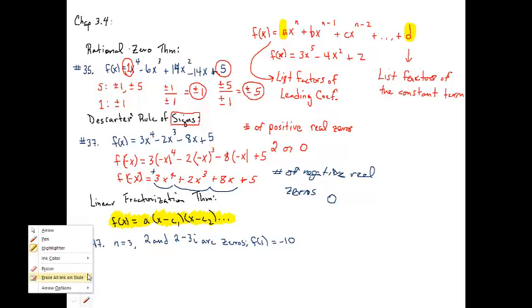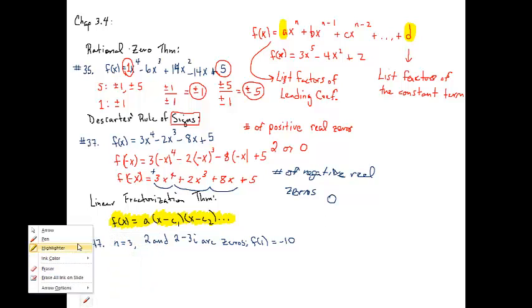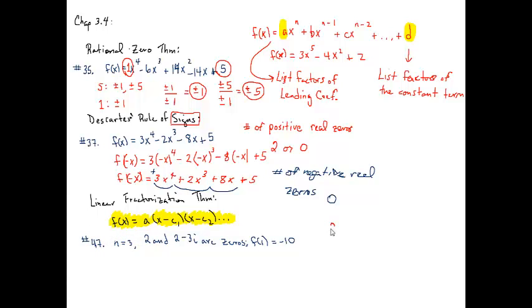Think back to when you're factoring, and you end up with something like f of x equals 3x minus 2, times x plus 5. That's horrible. But the whole point is, do you see there's a product between the factors? There's a product going on. That's the same thing that's written here.